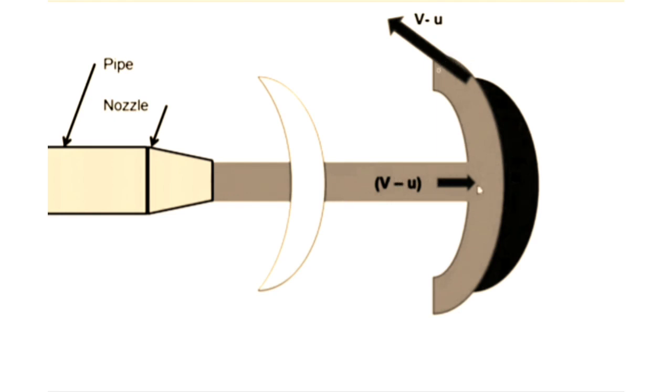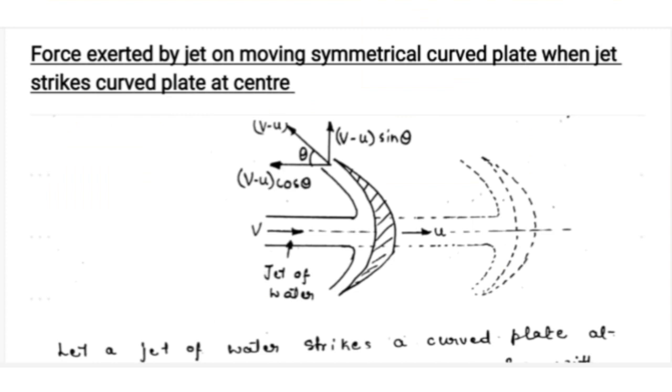So now you can see the jet will get deflected by an angle that is 180 minus phi. So this jet makes an angle theta with the horizontal. Now we will start the derivation. As we discussed earlier, the jet will strike this moving plate with a velocity v minus u, and this jet will leave this plate making an angle theta with the horizontal.